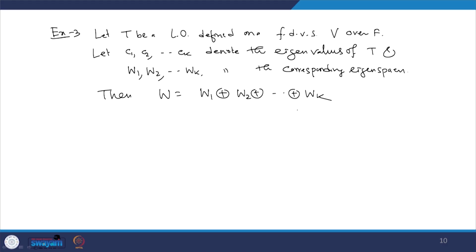In fact, here also Wj intersection (W1 plus W2 plus Wj minus 1) will be equal to the zero subspace. Already we have seen this. So based on that, I can say the sum of subspaces W1 to Wk will be a direct sum of subspaces W1 to Wk.